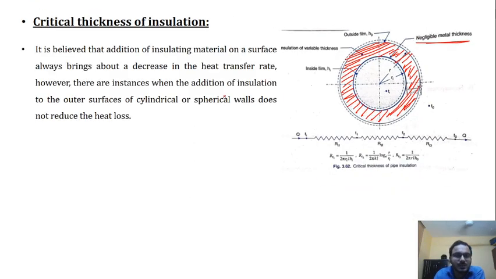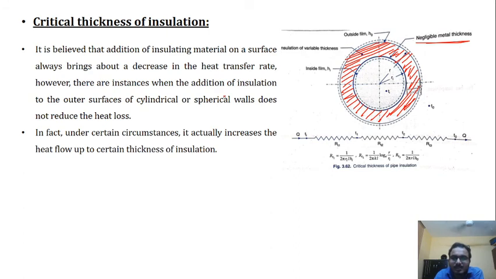Now generally it is believed that the addition of insulating material on a surface always brings a decrease in heat transfer rate. Generally we understand that insulation reduces the heat transfer rate. However, there are cases when the addition of insulation to the outer surface of a cylinder or a sphere does not reduce the heat loss.